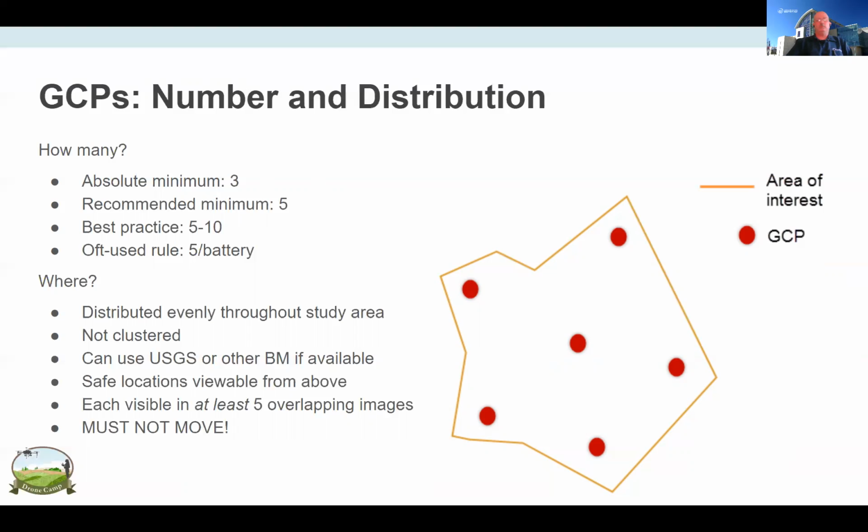If there's one there, put a target over it and make sure you put the center right over the center of the benchmark, and then you'll at least already have a position for that benchmark. But you're not going to be able to do that for all your targets, because they just don't put those benchmarks that close together.